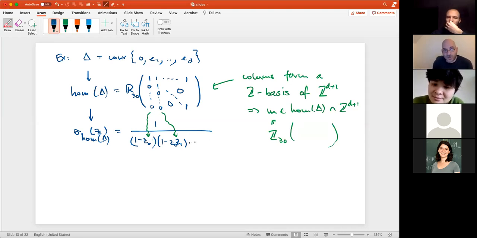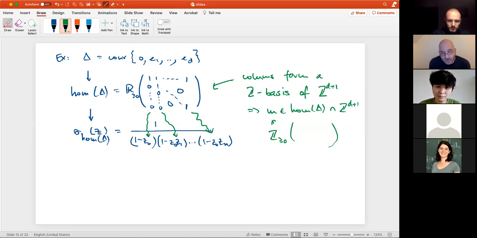And so on. Each generator gives rise to a z0, because that's my 0th component, and then one more coordinate, and this one more coordinate runs. If you take 1 over each factor as a geometric series and then start multiplying out, you're going to get exactly the integer combinations.